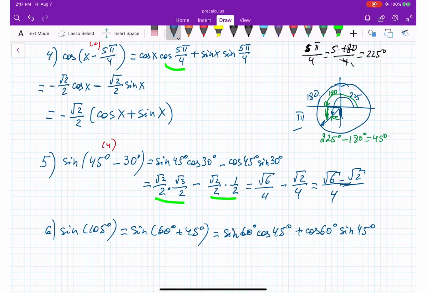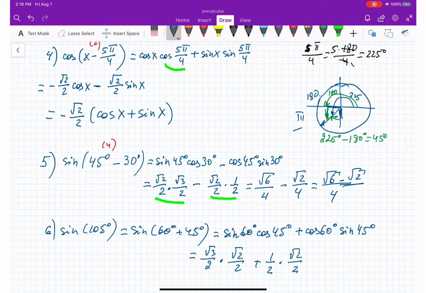It's all unit circle around 60 degrees, 45 degrees. So sine 60 degrees, it's square root 3 over 2. Cosine 45 is square root 2 over 2, right? Plus cosine 60 degrees, that's 1/2. Okay, and sine 45 degrees, that's square root 2 over 2.